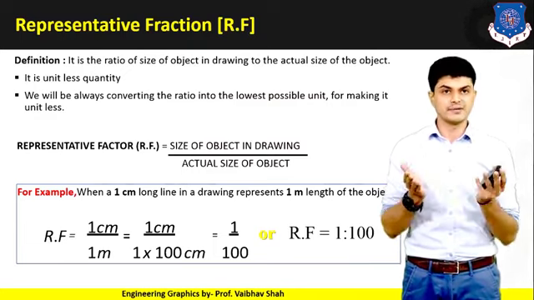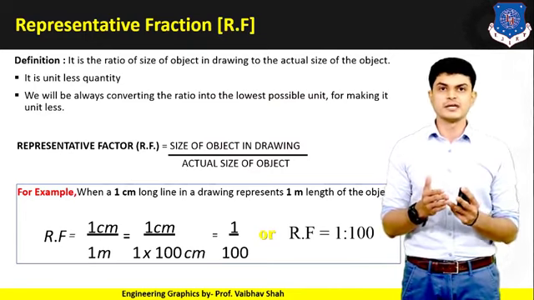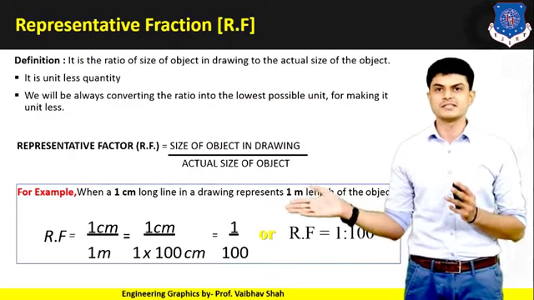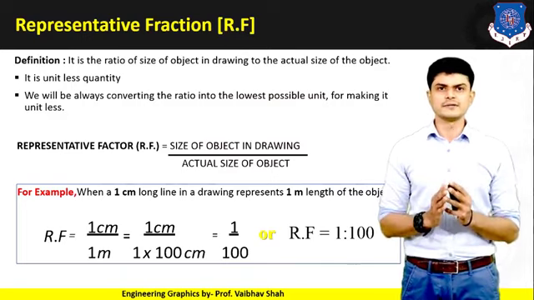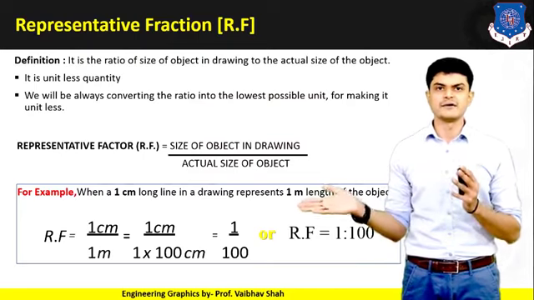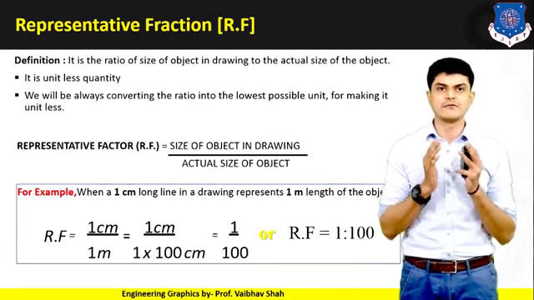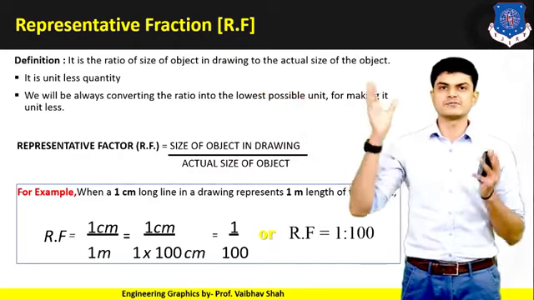We know that 1 meter is 100 centimeter. So we substitute 1 meter as 100 centimeter. Now you can see 1 centimeter by 100 centimeter, the centimeters cancel, and we get 1 by 100, which is nothing but our final ratio of RF. And as we said, it is a unitless quantity.